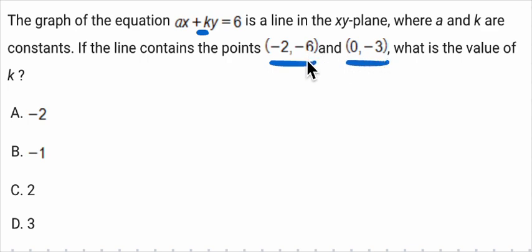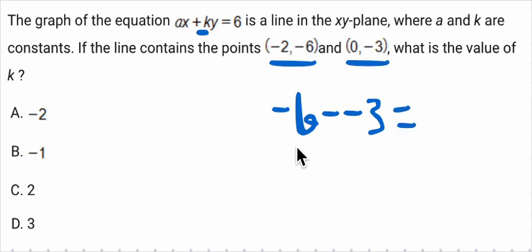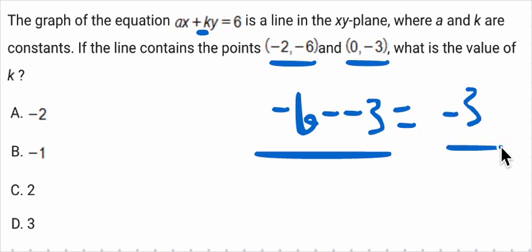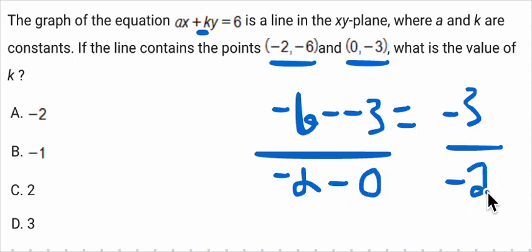So y2 (-6) minus y1 (-3), that is going to equal -6 plus 3, or -3, over x2 (-2) minus x1 (0). -2 minus 0 is -2. So that would be simplified to 3/2, or 1.5. We're going to keep it as 3/2 for the time being.